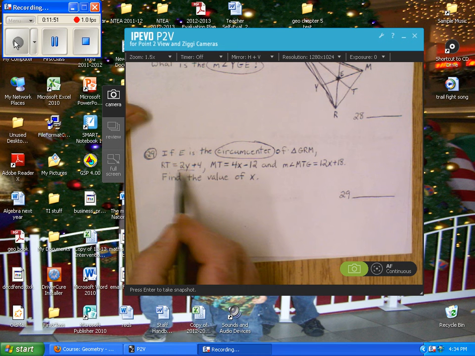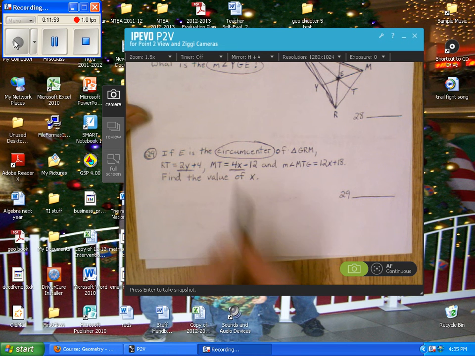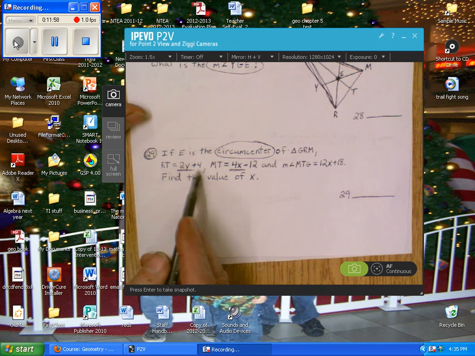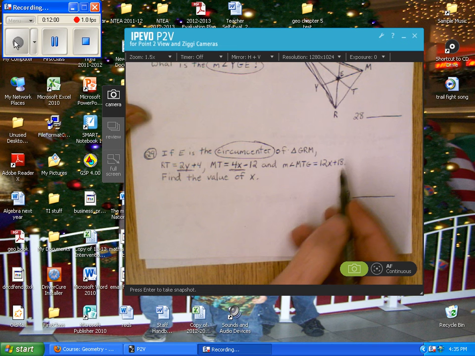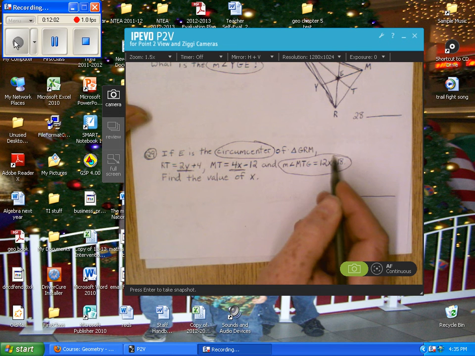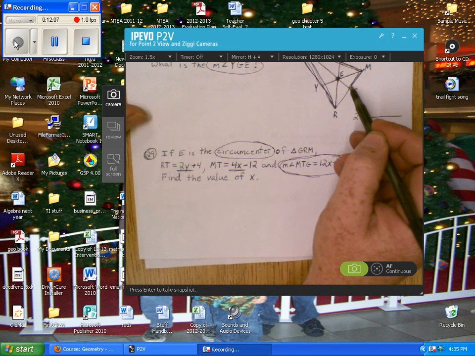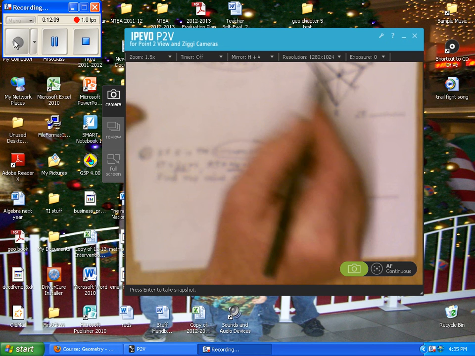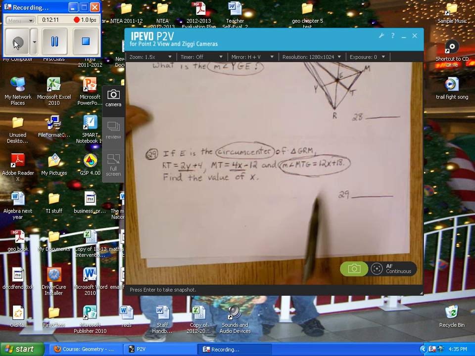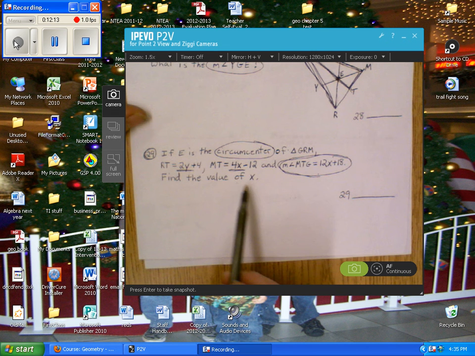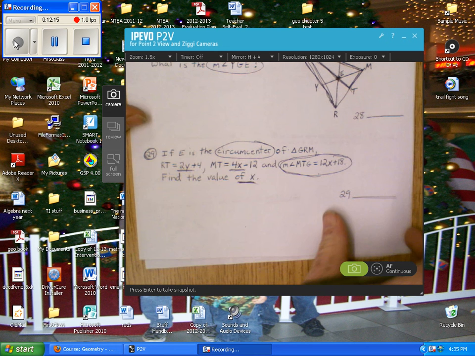The problem is one of them has a Y, one of them has an X, so you can't solve the equation that you set up with those two. But it also tells you something special about this angle right here, angle MTG. Something special about that angle. So you use that to find the value of x.